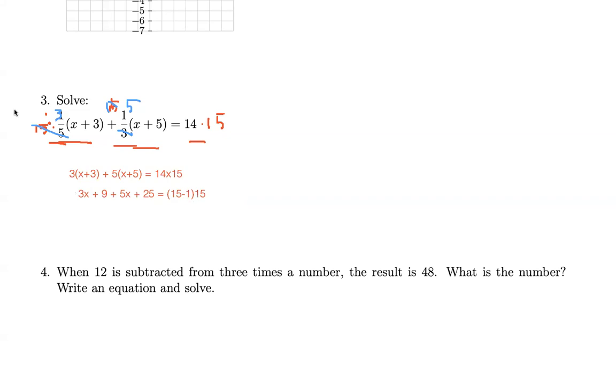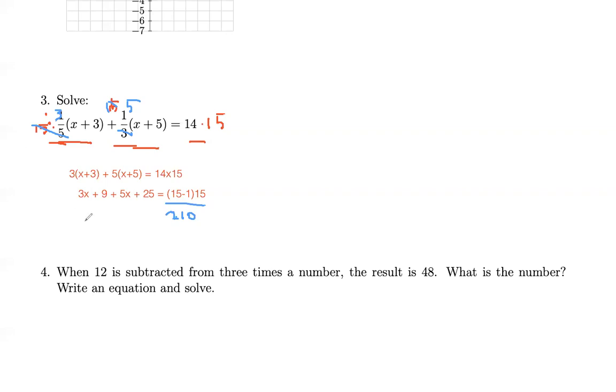So let's rewrite this. 225 minus 15, which is 210. Or you can multiply another way. 4 times 15, that's 60. Then 10 times 15, that's 150. 150 plus 60 is 210.